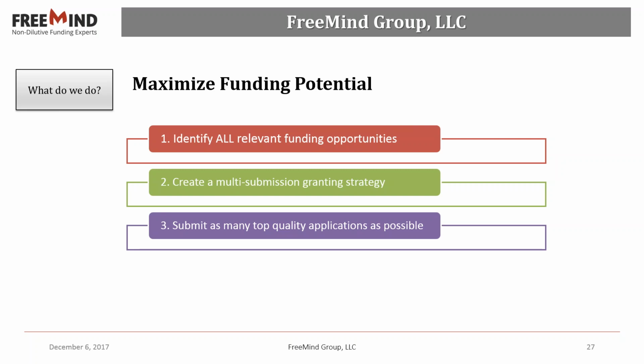Once we have the strategic assessment in place, we create the multi-submission strategy, where we basically spell out how we're going to work together to produce and submit as many of these grant applications that we've come up with. And finally, we get down to the production work, where together with our clients, we produce and submit as many grants as possible. That's our multi-submission strategy.